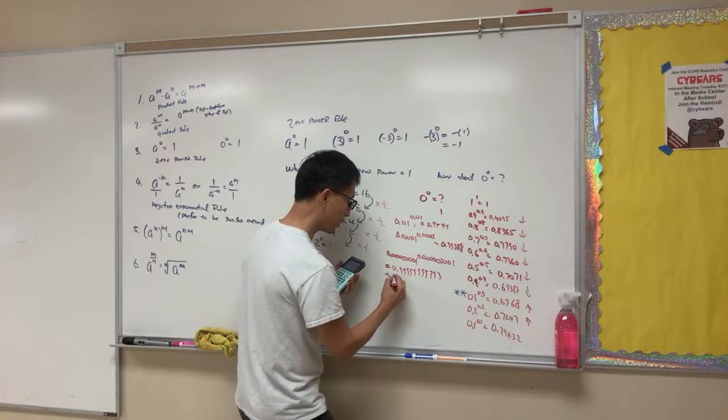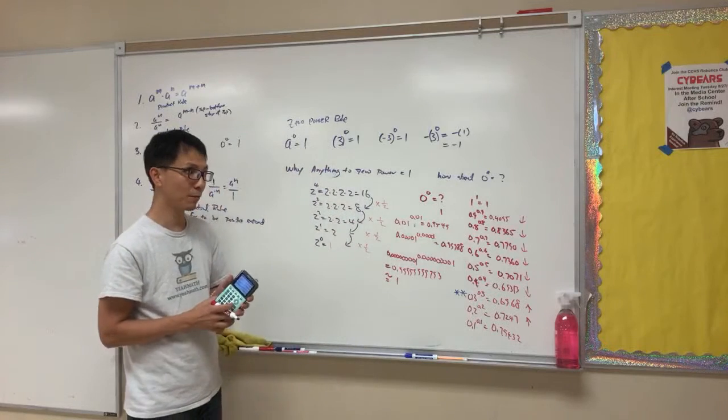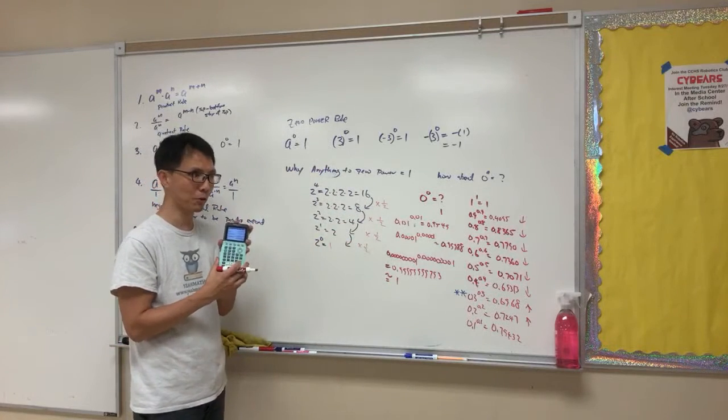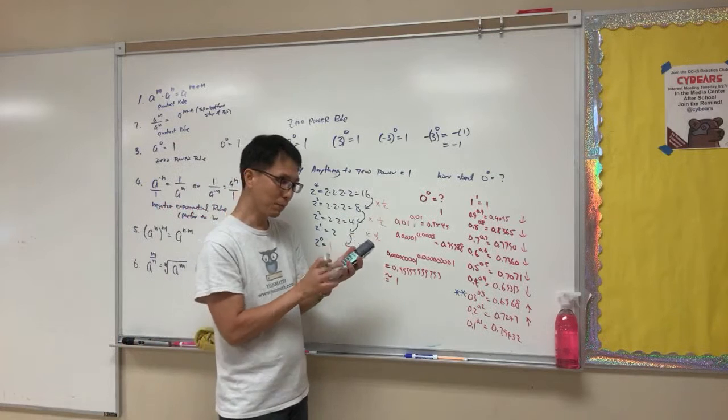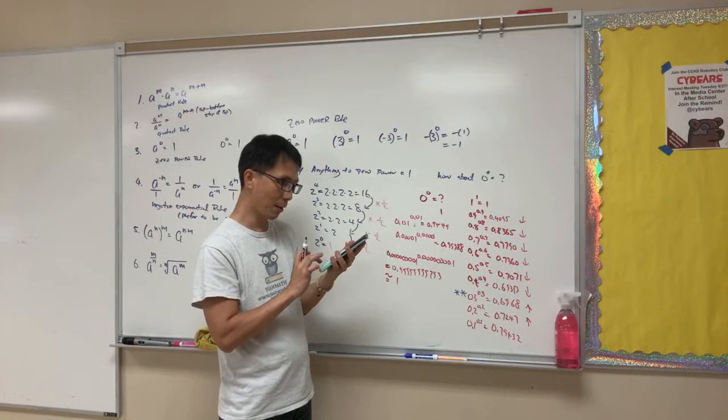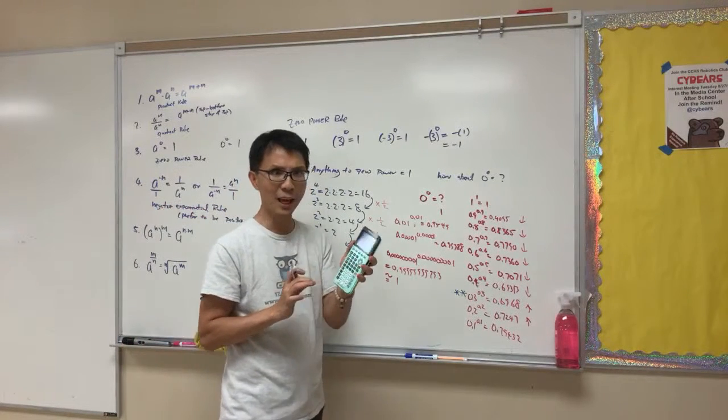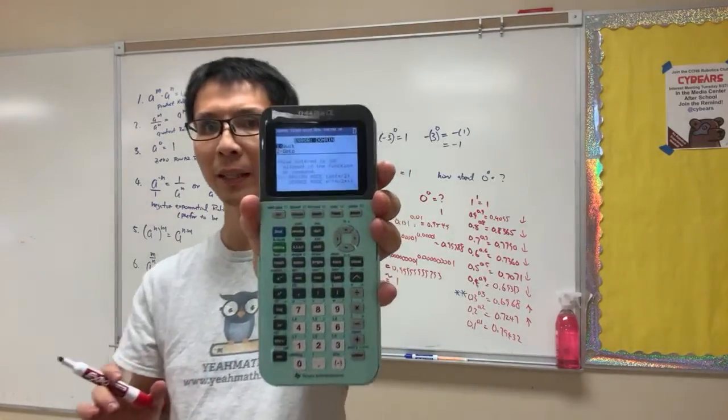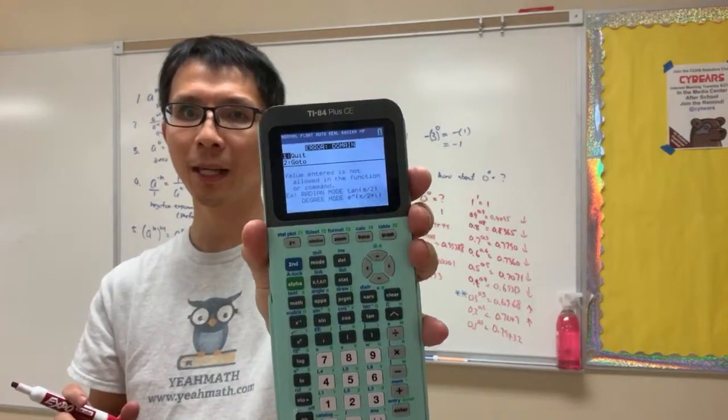It's roughly close to 1. If I add enough zeros, some calculators actually give you 1. So some calculators, if you give it 0 to the 0 power, are actually going to give you something called domain error. So obviously that cannot work.